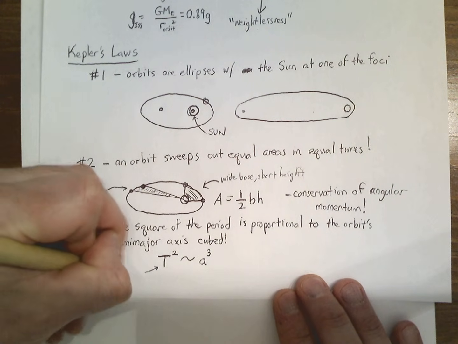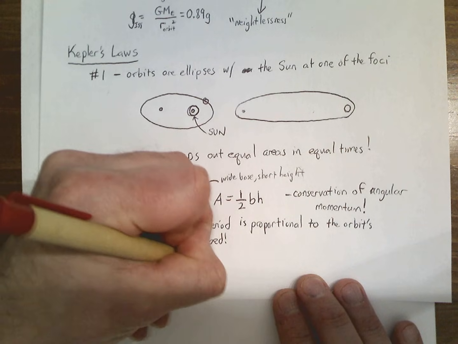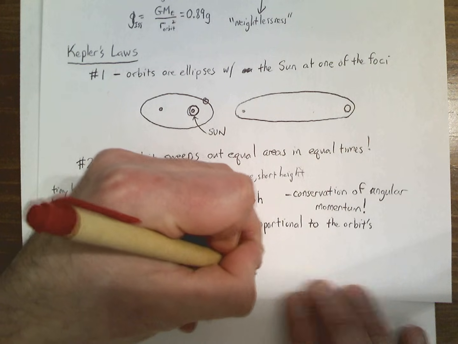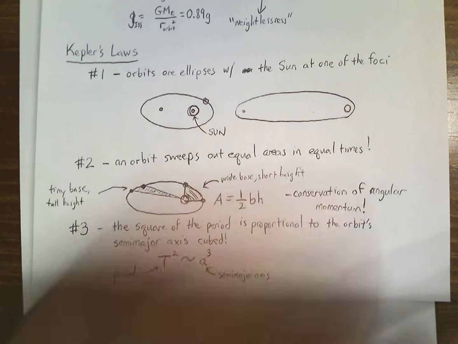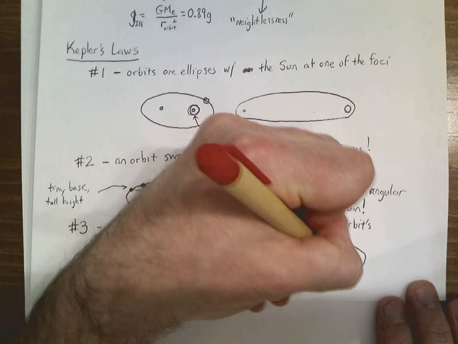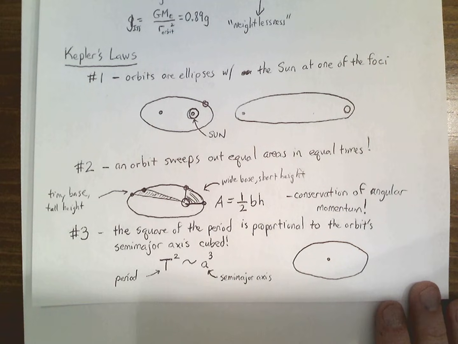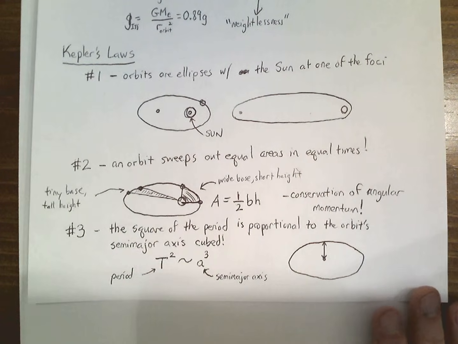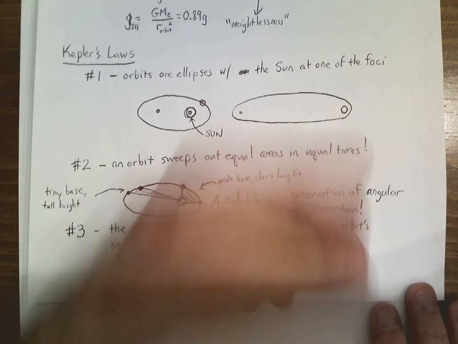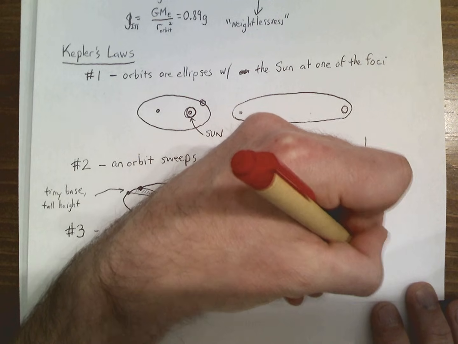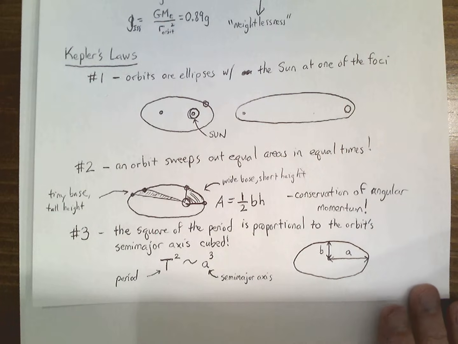So this T here is the period, that's the time it takes to get around. A is the semi-major axis, it's the size of the orbit. And I'll explain what that means in a second. We draw our ellipse. A circle has a radius, but in a circle, everything is equal from the center. If I find the center of the ellipse, I have this distance here to the short side of the ellipse, which we're going to label B. We also have this thing that's analogous to the radius over here that I'm going to call A. That's our semi-major axis.